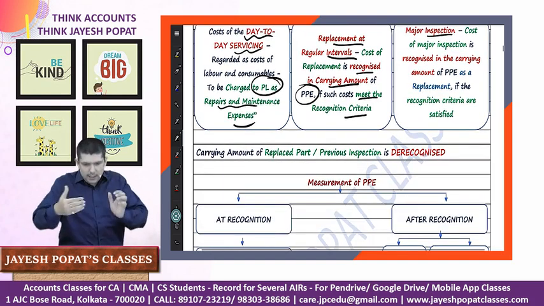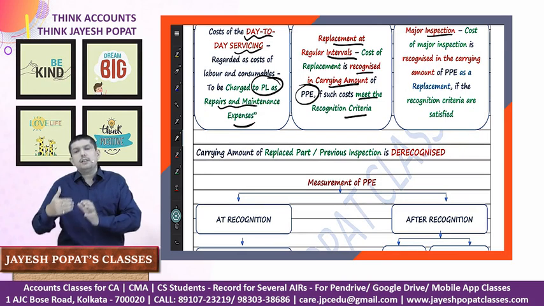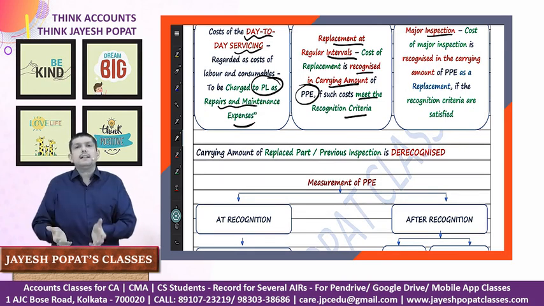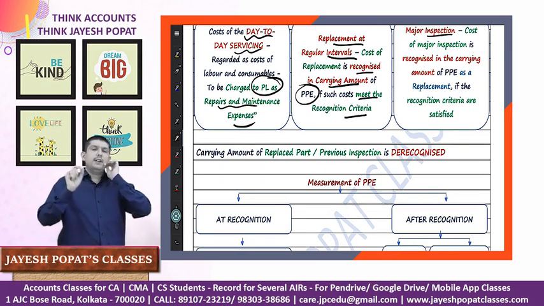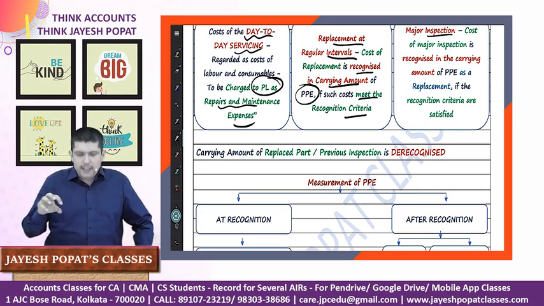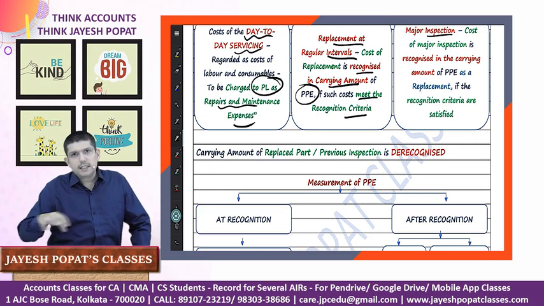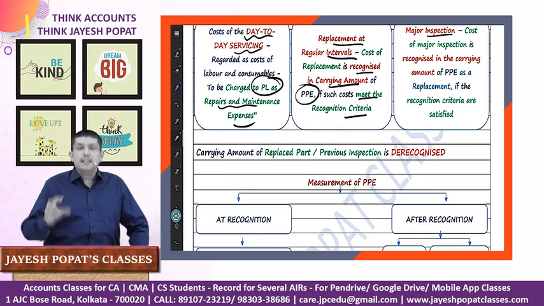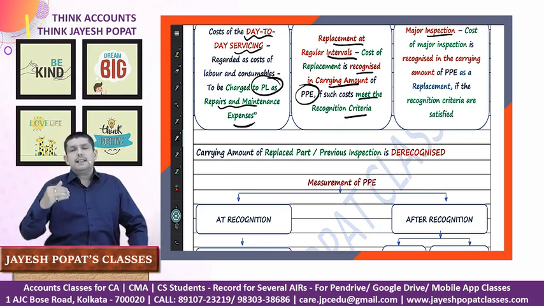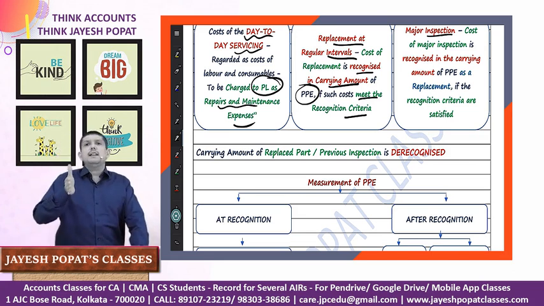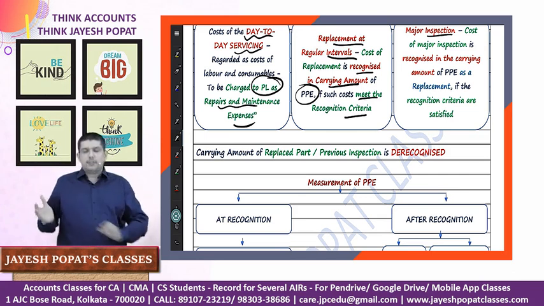And then the carrying amount of the earlier part or the earlier inspection has to be derecognized when you are recognizing the new one. I'll give you an example. Let's say in an airplane, we estimated that the useful life of the interior, which is the seats, etc., is 8 years, and we are depreciating those seats over a useful life of 8 years. But after 6 years, we realized that the seats have been worn out and we need to put in new seats, and let's throw out or dispose of the earlier ones.